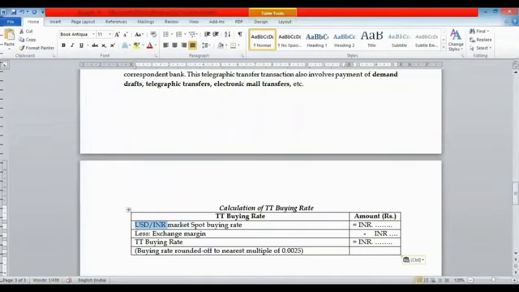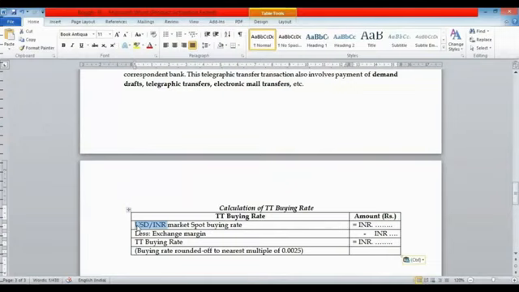It is the buying, so the word buying has to be there. One more thing, USD oblique INR means 1 unit of USD equals a number of units of INR. That means this is the way of representing the direct quotation.